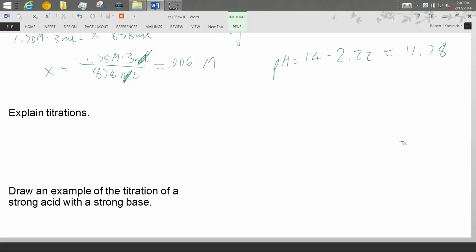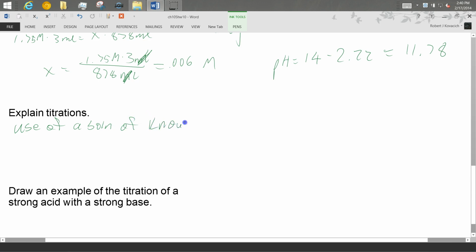So the explanation of the titration is use of a solution of known concentration to determine the concentration of an unknown solution.